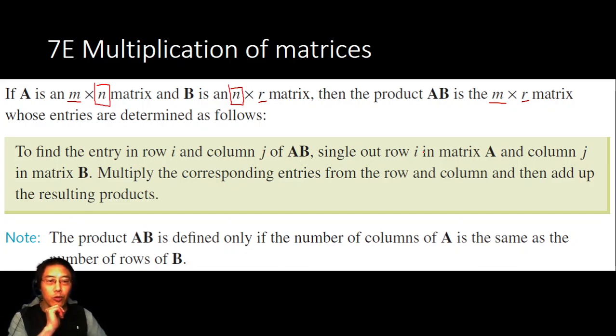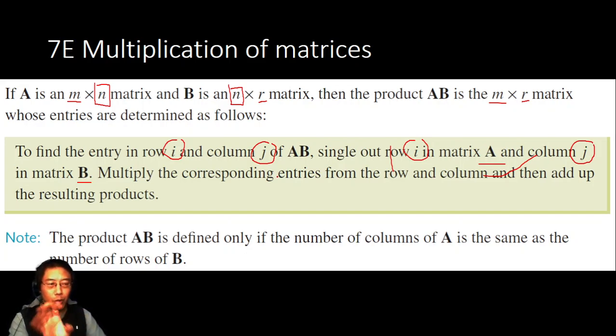You single out the row I of the first matrix, and then for column J of the product, you look at the column J of the second matrix. You multiply the corresponding entries from that row and the column, and then you add the corresponding products. Bear with me, I know it's complicated, and I'll show you in an example in the next slide.